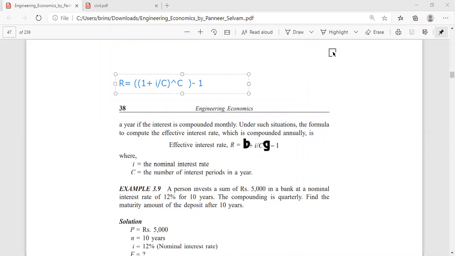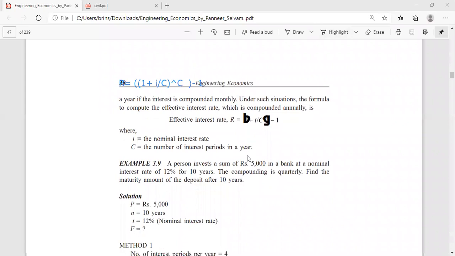So R is the effective interest rate, I is the interest rate, and C is the number of interest periods in a year, right? So kindly use this formula.